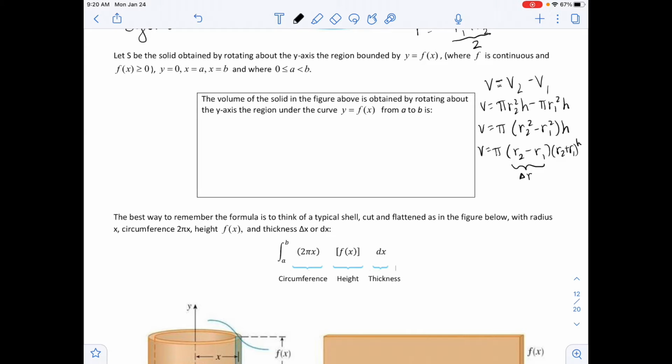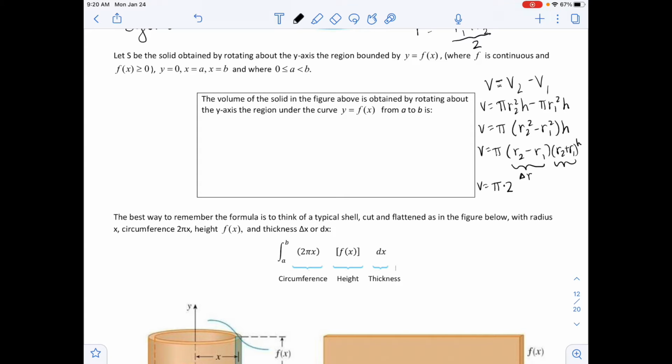And then looking at what we have here as r2 plus r1, I'm going to do a little work here, and I'm going to put a 2 in, and I'm going to multiply and divide by 2, so it's like doing nothing. But we're going to have V is equal to pi, and I'm going to multiply by 2, so I'm going to put times 2.